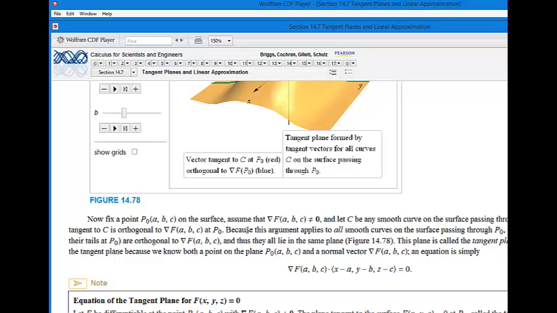It says the argument applies to all smooth curves on the surface passing through P naught.